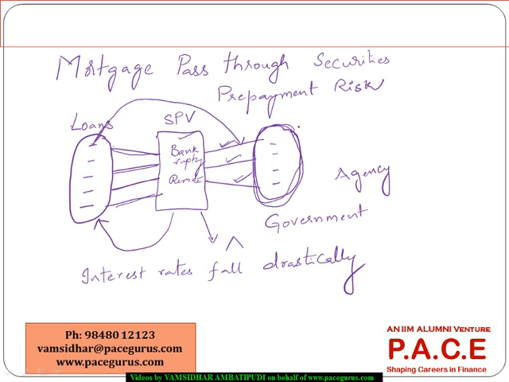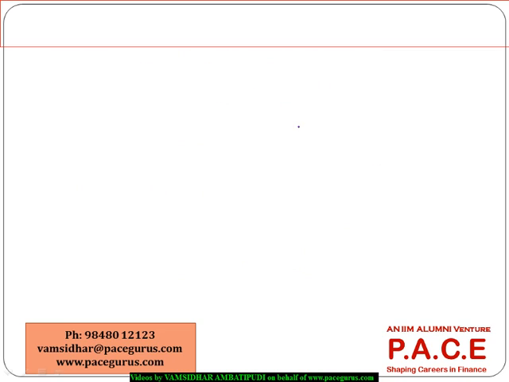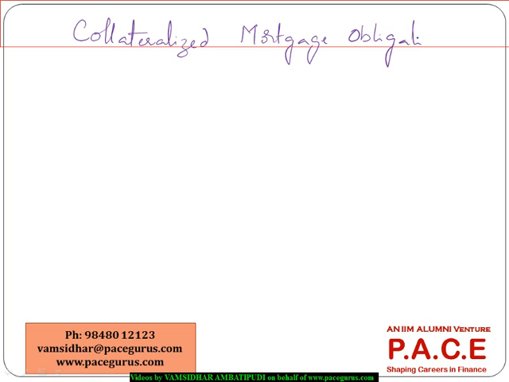Right? Now, the other set of important products, which are a slight improvement over the mortgage pass-through securities, are the collateralized mortgage obligations, typically called CMOs, more or less the same as your typical mortgage pass-through securities or mortgage-backed securities.